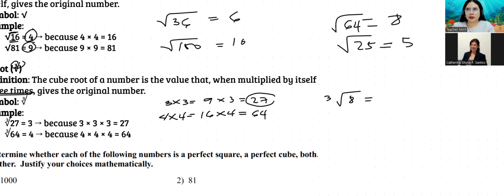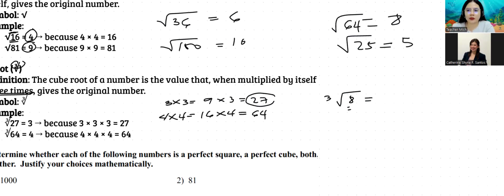What is one number that when you multiply 3 times by itself, the result is equal to 8? 8? 8 times 8, that's already 64. We just need 8 here. Okay, so that number is equal to 2.